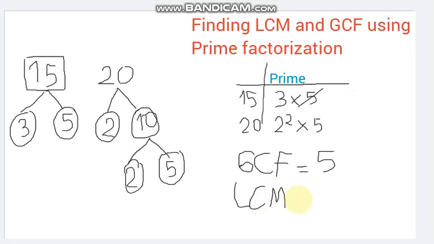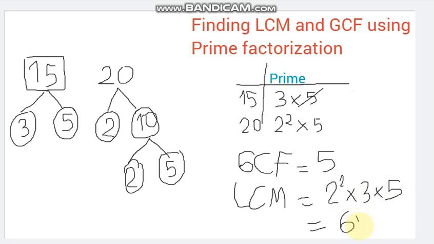We're going to use them all, which is 2 to the power of 2 times 3 times 5. 2 to the power of 2 is 4. 4 times 5 is 20. 20 times 3 is going to be 60.